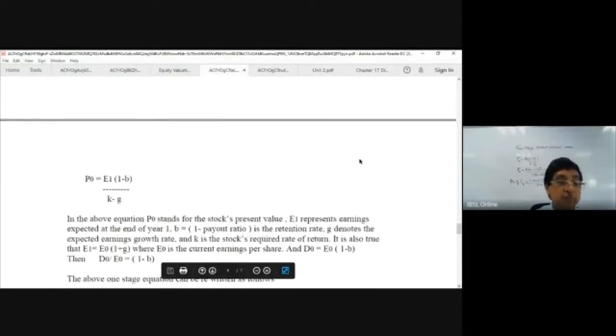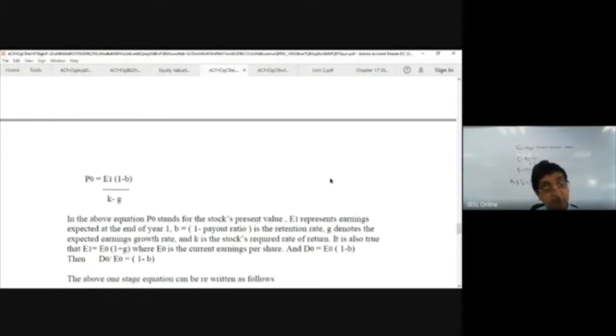Our dividend discount model in a very simple form is P0 equals D1 divided by K minus G. That is our one-stage model.